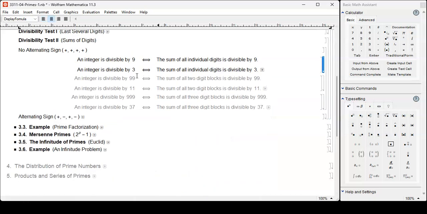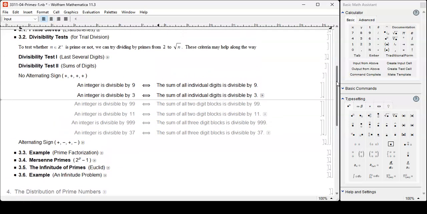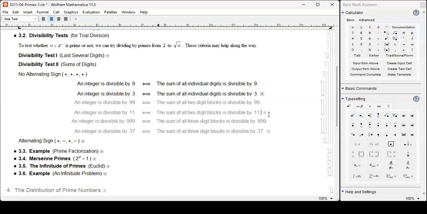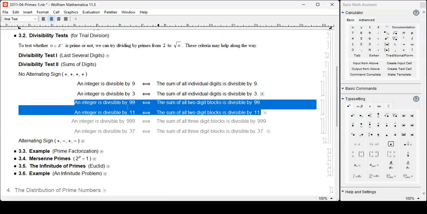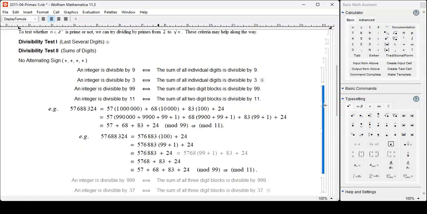Up to this point, I believe most students are already familiar, I hope. Now, how about this one? This one, probably a little bit less. Divisibility by 99 is not very important, but divisibility by 11, yeah, that's useful.